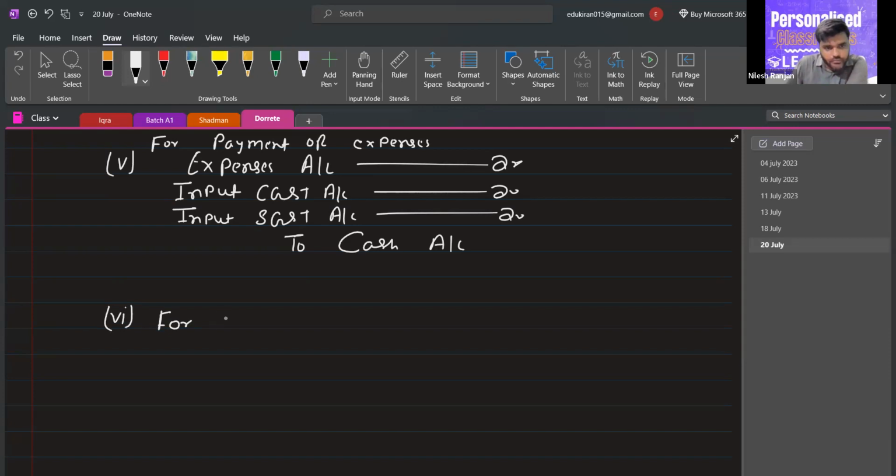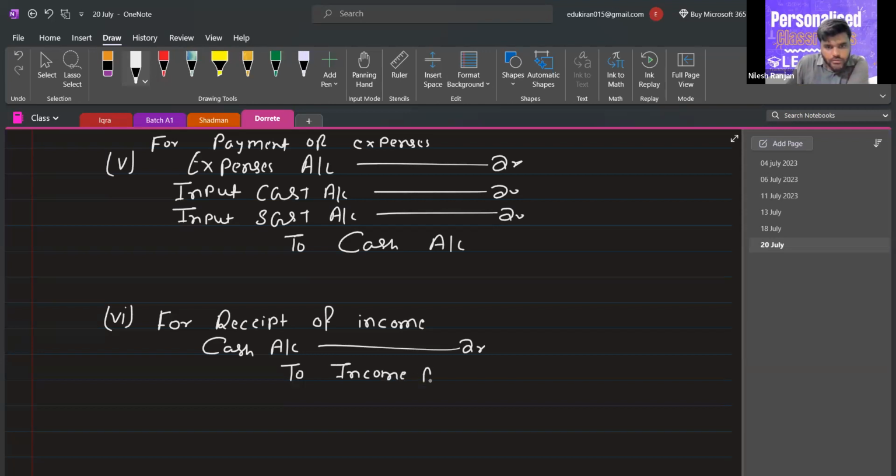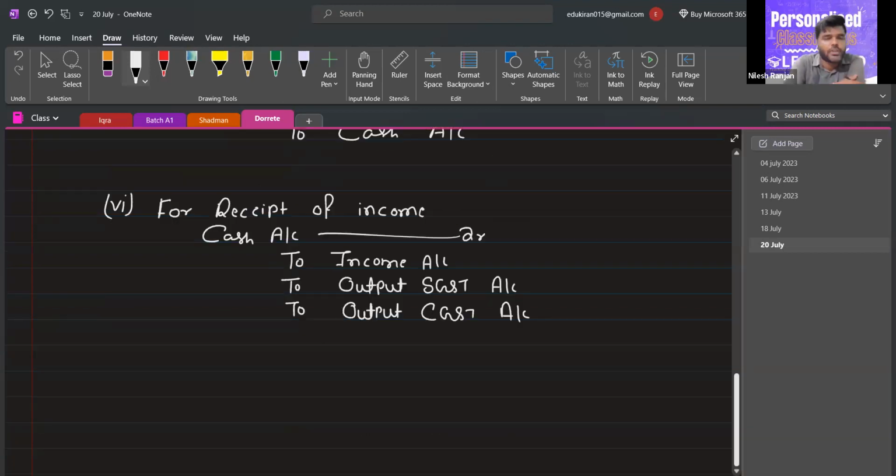For receipt of income, it will be cash account debit to income, and to output CGST account, and output SGST account.